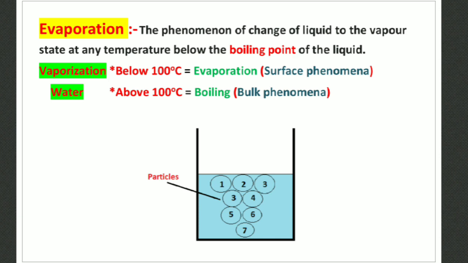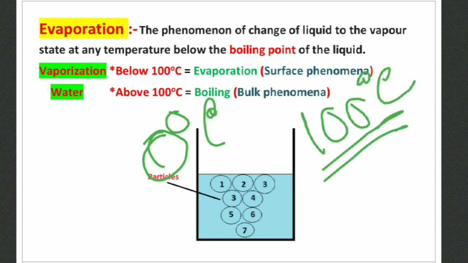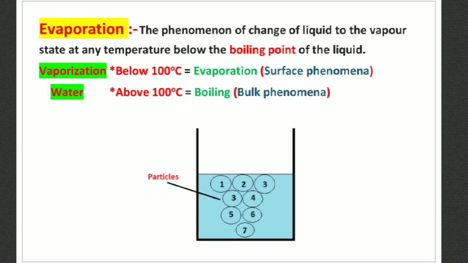When you increase the temperature from 0 degree Celsius to 100 degree Celsius, in between this temperature, the liquid will evaporate by leaving this surface. But only the 3 particles, 1, 2 and 3, will leave the surface of the liquid.